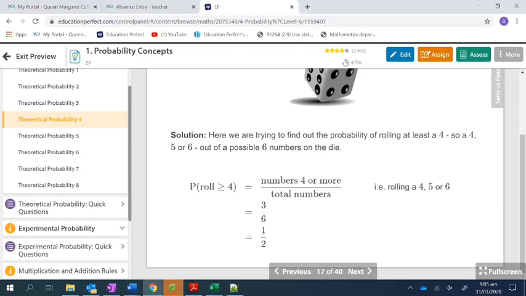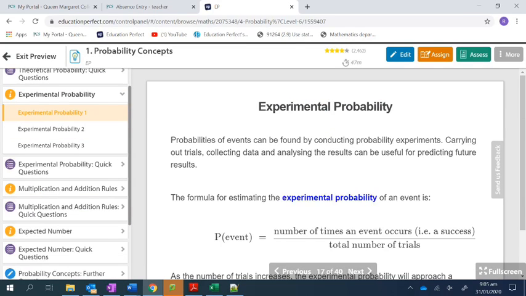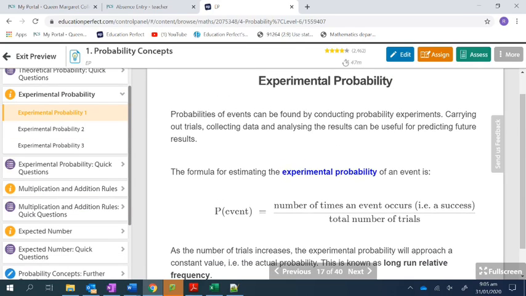All right. So let's look at experimental probability. Now, experimental probability means instead of just thinking about the numbers and using what we know about the numbers, we're actually going to physically do an experiment. Okay. And so if I just thought about rolling a die, that's what? Theoretical, right?